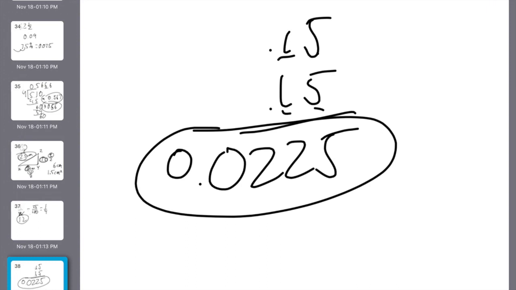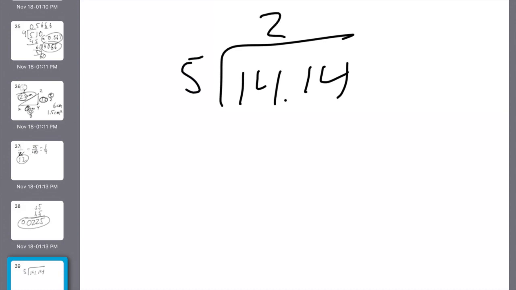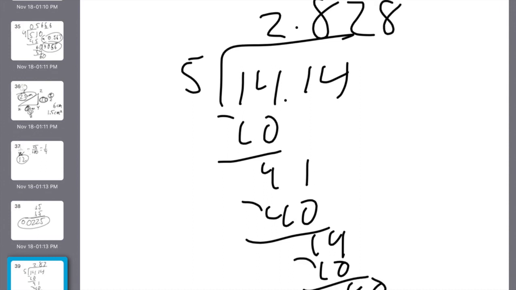23. I'm dividing 14 and 1400ths divided by 5. Goes in there 2, the 10, 4, decimal point, 1, 8, 40, add a 0, 8.